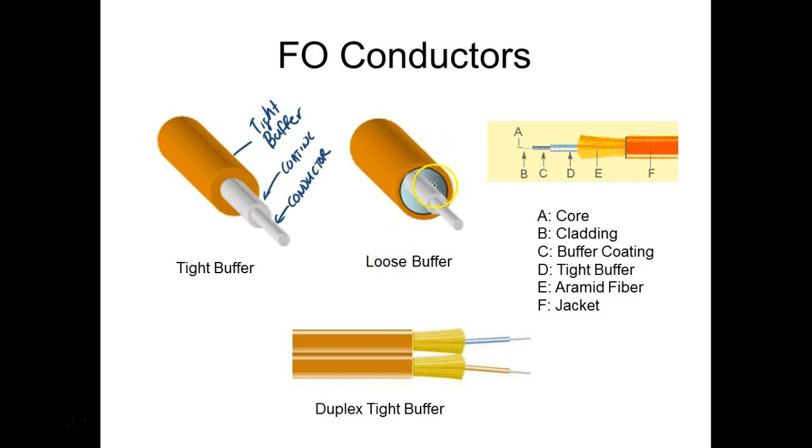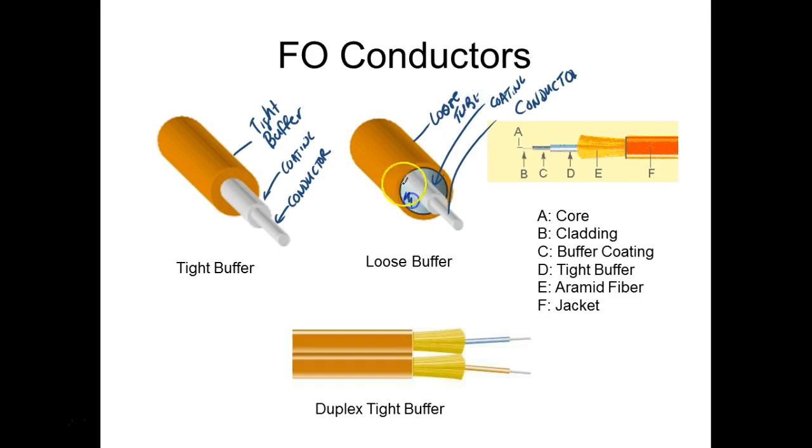This would be loose tube. So this right here is the coating. And then this right here is the conductor, and we'll look at the parts here in a second. But like I said, this is just an introduction. And then this would be the loose tube or buffer.